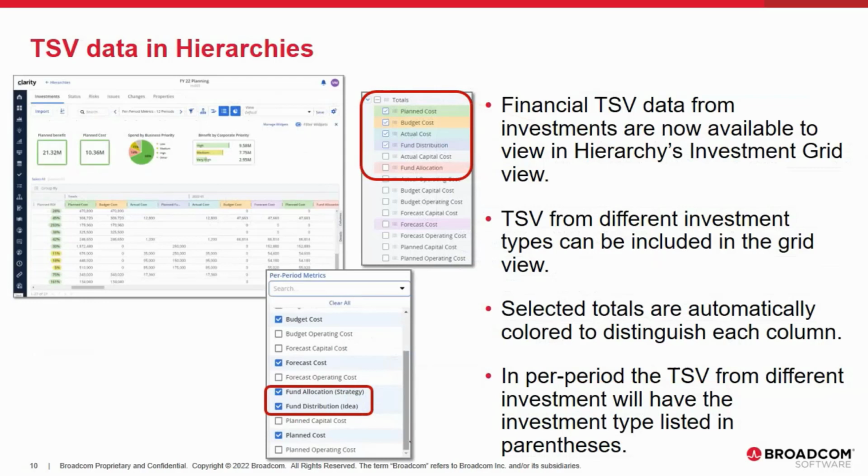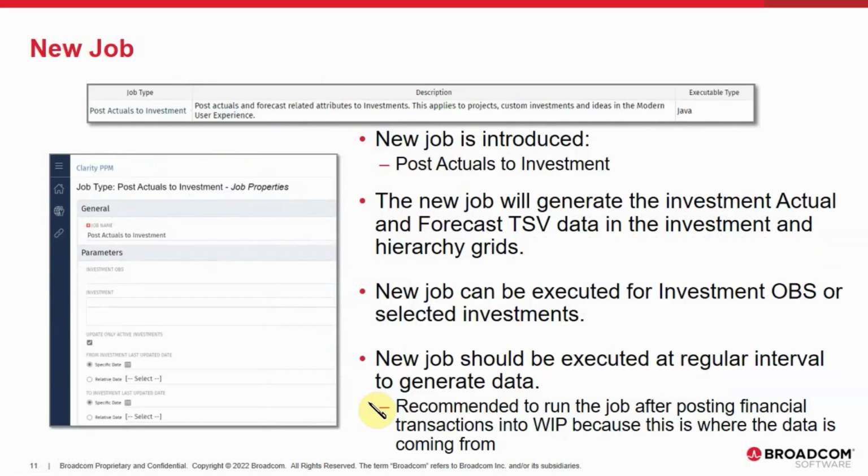In per period, the TSV from different investment will have the investment type listed in the parentheses to indicate which investment is that data being pulled over, as seen in this example where I have funding allocation coming from strategy and fund distribution coming from idea.